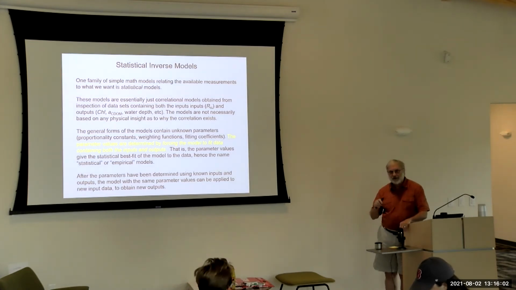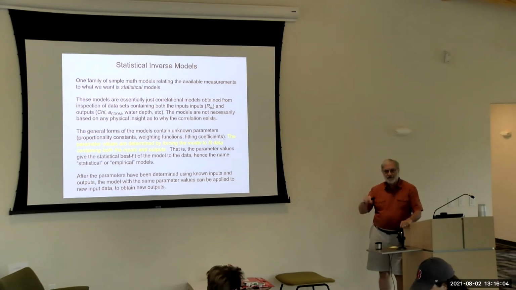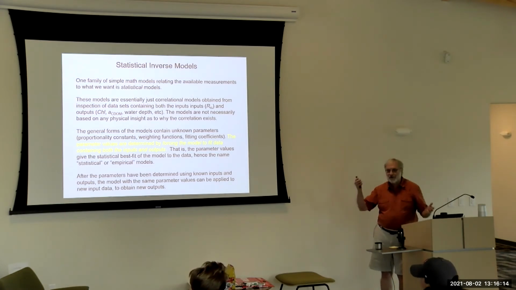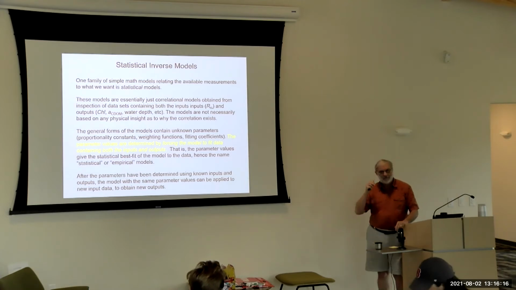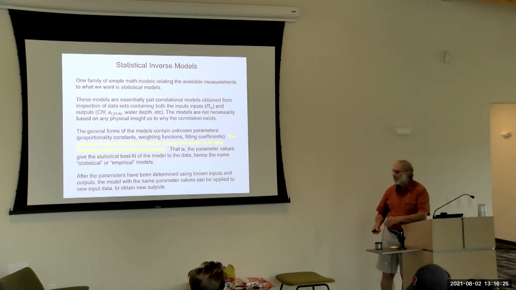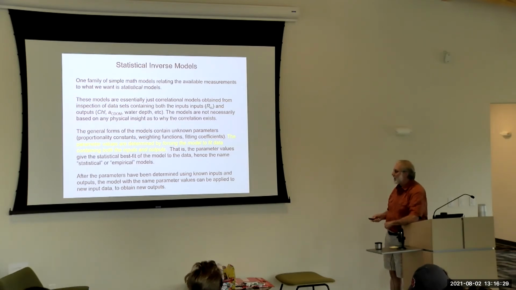And you don't necessarily have any idea about the physics of why you got what you did. So for example, you may find that the chlorophyll concentration is correlated with the wavelength at 440 divided by the wavelength at 555. And there may be a very good correlation there that's very useful, but you don't have to understand why do those wavelengths tell me something about chlorophyll. If you do understand, good, but you don't have to know that, and you don't necessarily know it from these statistical models.